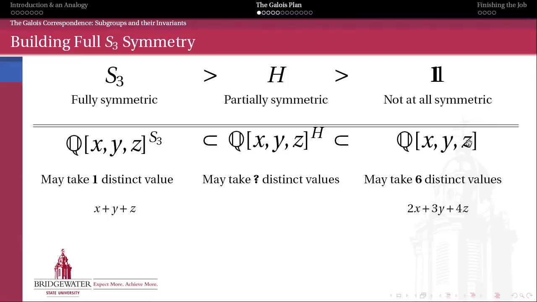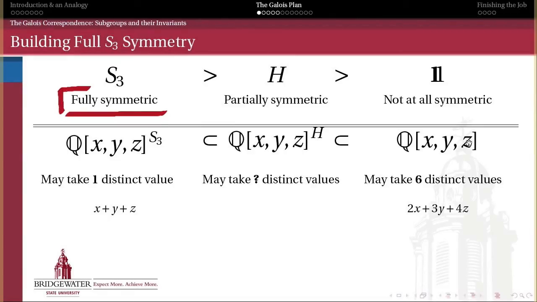So let's take a look at where we're at. This is a slide you're going to be seeing a lot of for the rest of our talk. So from the point of view of groups, we have the full group of symmetries on 3 symbols up here. That's going to correspond to those polynomials that are fully symmetric, things like x plus y plus z.